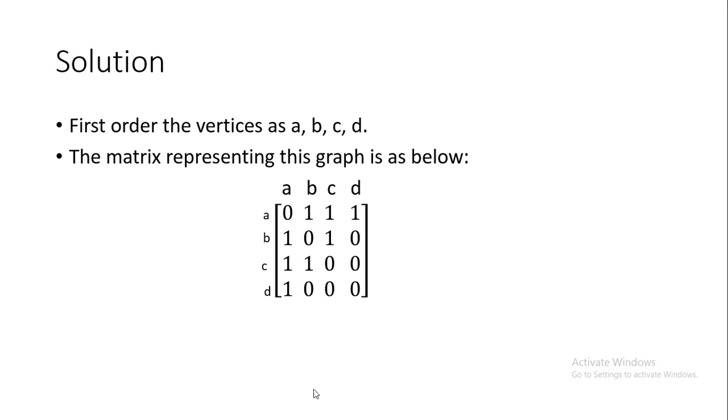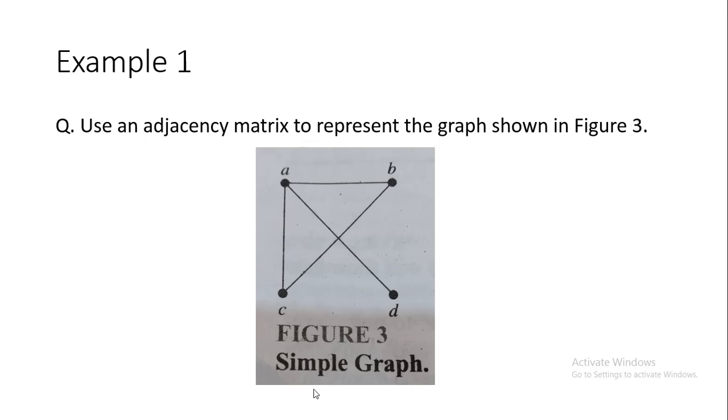Second row, first column, B to A. The value is 1. Now see here, this is a simple graph and an undirected graph also. In an undirected graph, there is an edge from A to B and B to A, both ways, so from A to B is equal to from B to A. Understood? From A to B an edge is present, value is 1, and from B to A an edge is present, value is 1.